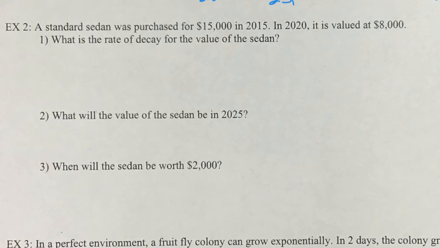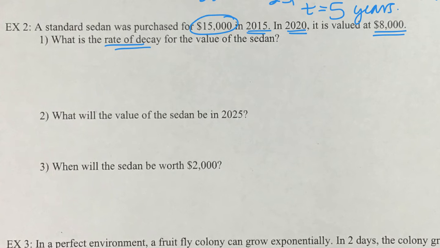A standard sedan, so a car, right, a four-door family vehicle, was purchased for $15,000 in 2015. In 2020, it is valued at $8,000. So that is after how many years? 2015 to 2020 is 5 years. So what is the rate of decay, right?